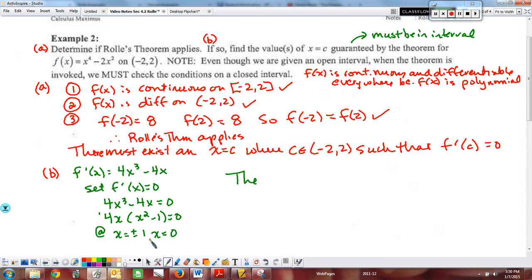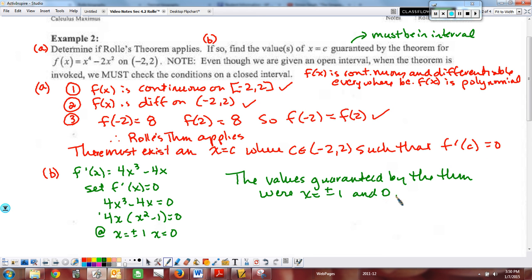However, in this case, all three lie in the interval, so we have found 3 different values for which the derivative equals 0. So the values guaranteed by the theorem, which guaranteed at least one existed, we found 3, were x equal to plus or minus 1 and 0.